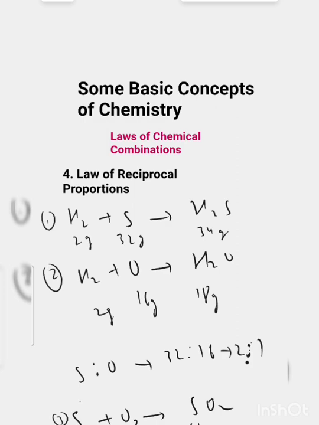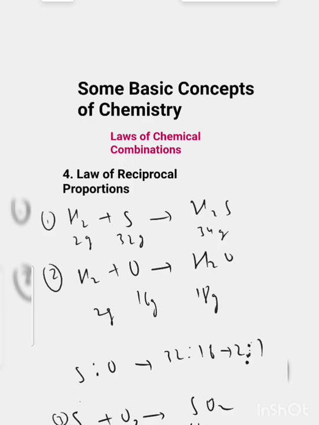I repeat, when two different elements combine separately with the same weight of a third element, the ratio in which they do so will be the same or some simple multiple of the ratio in which they combine with each other. So when sulfur and oxygen are combining with the fixed third element, that is hydrogen here, in the first two reactions, the ratio of weights of sulfur and oxygen will be 2 is to 1.